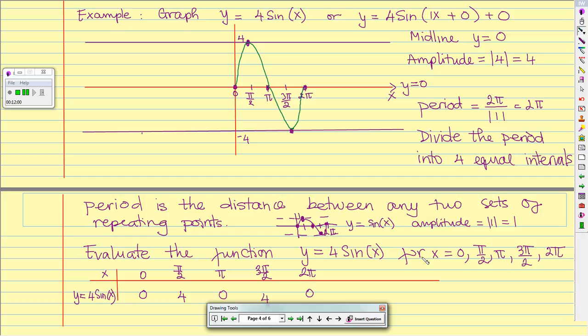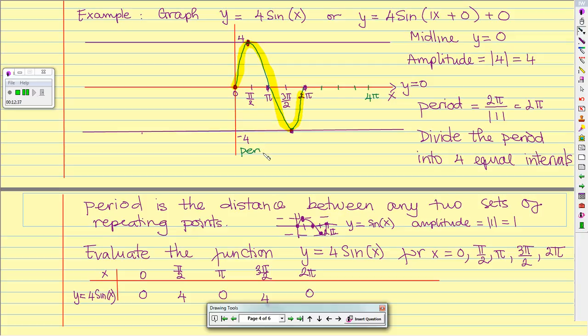So this will be one graph, or one complete rotation. And then you just repeat the graph itself. So I'm going to highlight it. This will be one complete rotation. And if you want to repeat this set of 5 points again, you just divide into 4: 1, 2, 3, 4. So 2 pi plus another 2 pi is 4 pi.